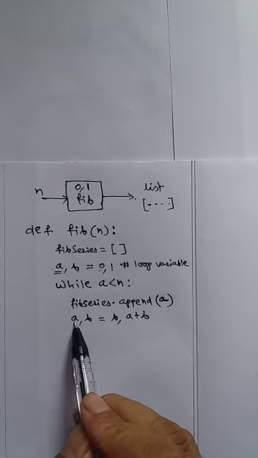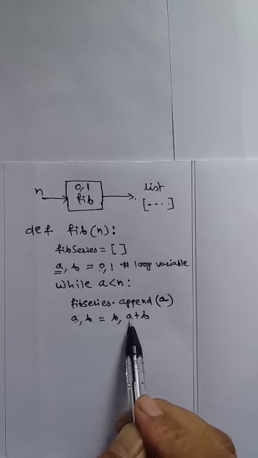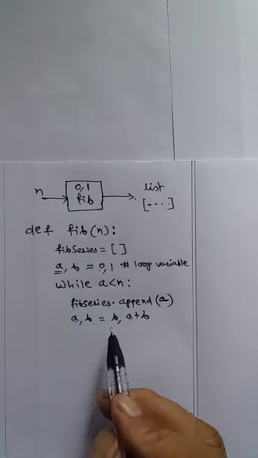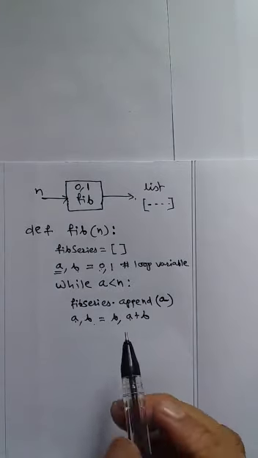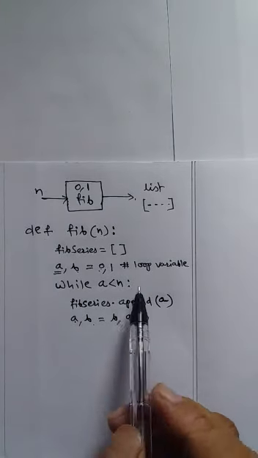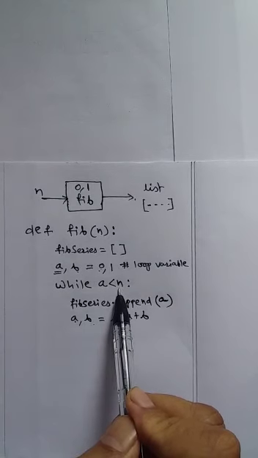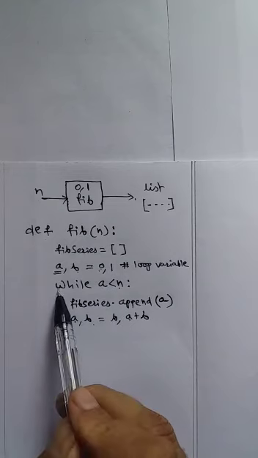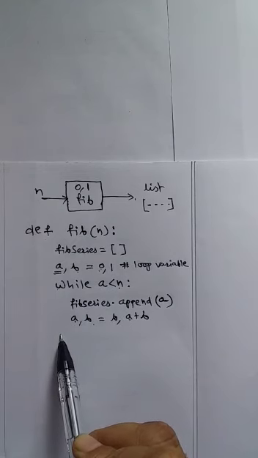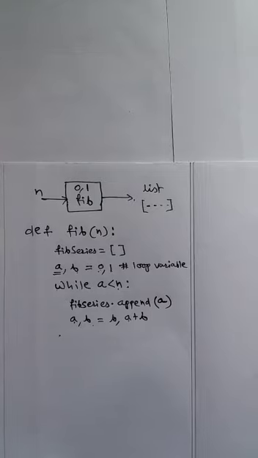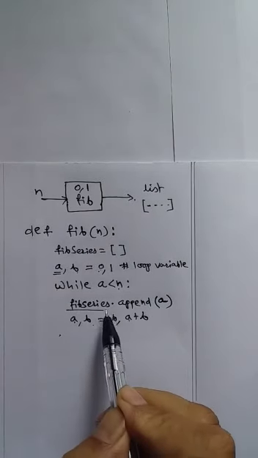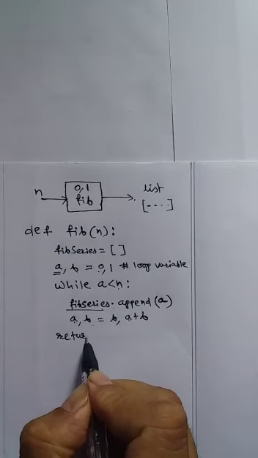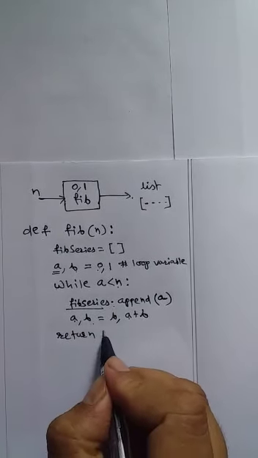So the value b will be assigned to a, and the new value obtained from adding a plus b will be assigned to b, and this loop will go on continuing until all the elements less than n are completed. When we execute, we will come out of this loop, and we'll get a list with the name fib_series. We will return that list.